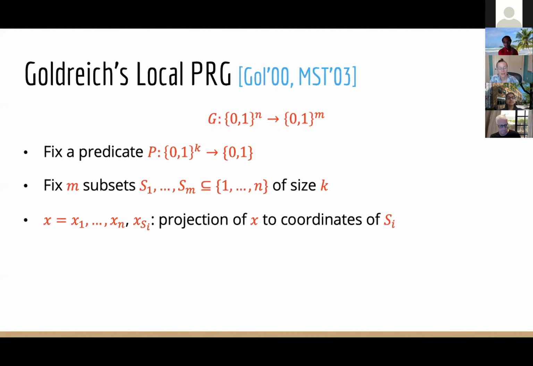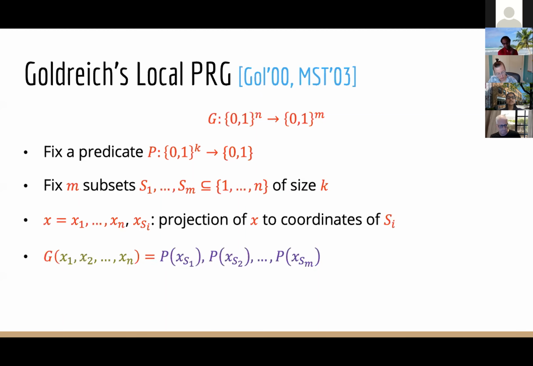And given an n-bit string, we would represent the projection of x to coordinates of S_i by x subscript S_i. So x subscript S_i is a k-sized string. So what G does is it takes this n-bit string and outputs an m-bit string, where each bit of the output is the output of P on the projection of x to one of these subsets. And it concatenates all these outputs together and generates the output string.